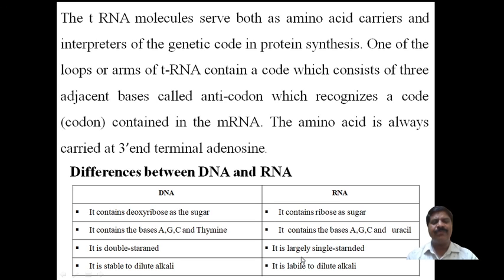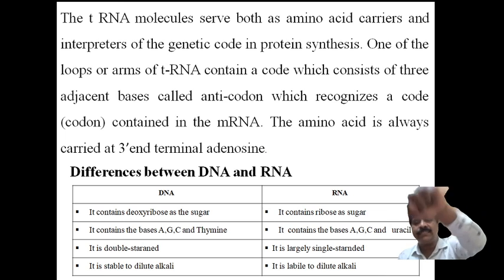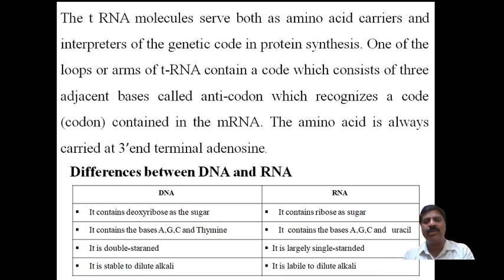RNA is largely single stranded, because only a single strand goes along and twists back, giving the clover-like structure of RNA. DNA is stable to dilute alkali.